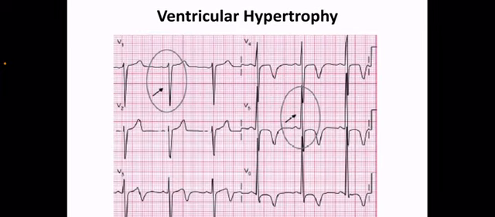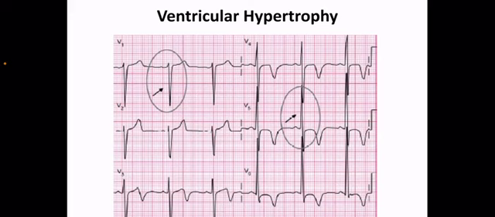Let's come to ventricular hypertrophy. Ventricular hypertrophy is easy, you know. We said the QRS has higher amplitude or higher voltage than the P wave because the ventricular wall cells are more numerous, so there is more electrical excitability.